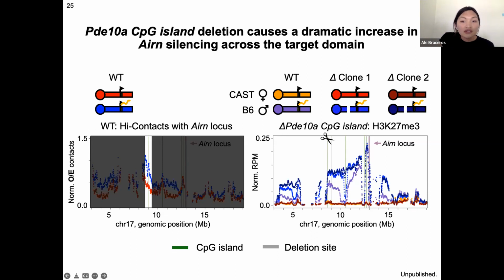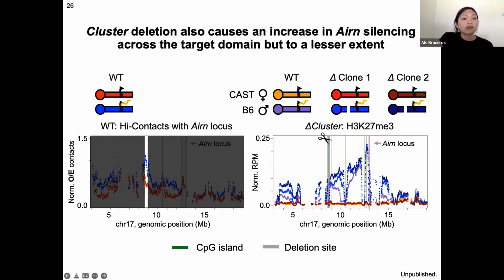And furthermore, we even start to see a loss in that non-uniform pattern of silencing that we observed in the wild type cells. And particularly, we see that occurring over this region here that normally escapes silencing. And just really quick, we see the same phenotype observed in the cluster deletion, though to a lesser extent than the PDE10A deletion.